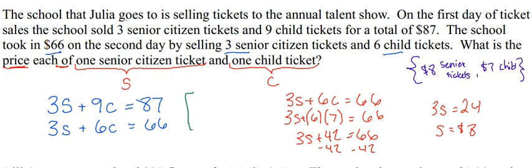The matrix looks like this in the little brackets, and we do rows by columns, so 2 rows by 3 columns, and we just take the numbers 3, 9, 87, 3, 6, 66. The main thing you need to make sure of is that you have the same variable in each column, S, then C, so when we get our solution, we know what it means.